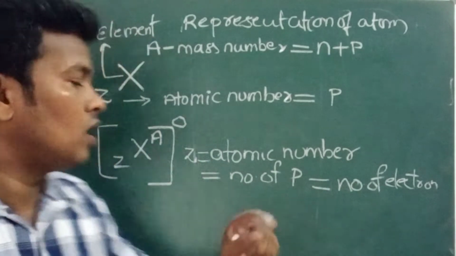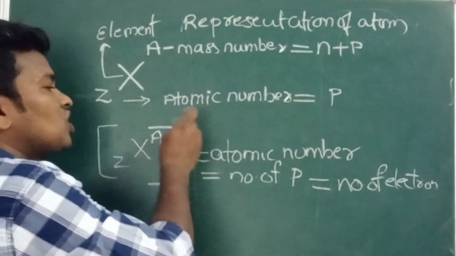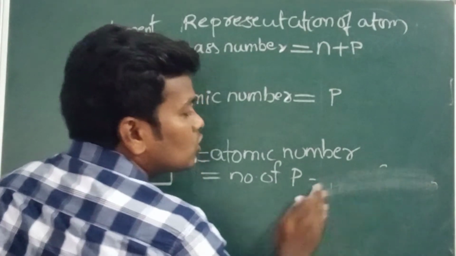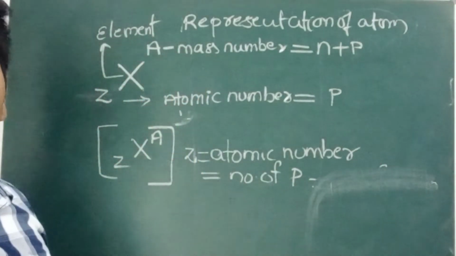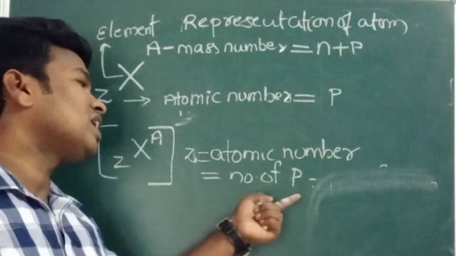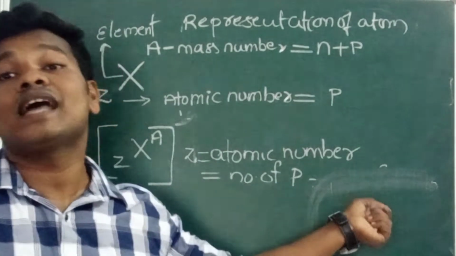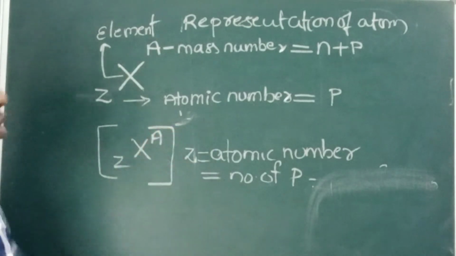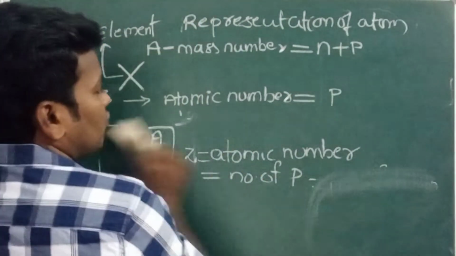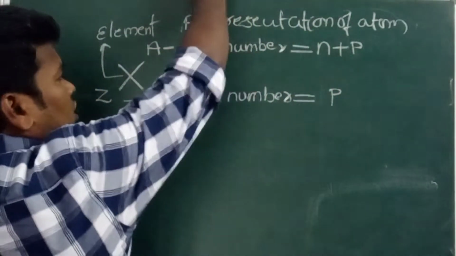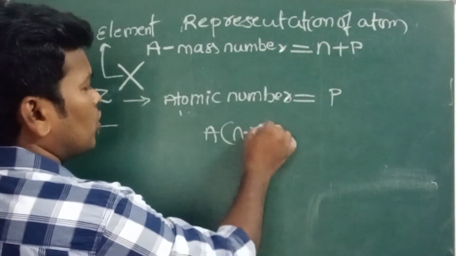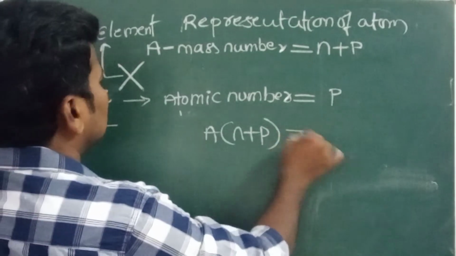If the atom has some charge, like minus or plus, whatever it may be, then we should not use the number of electrons. The number of protons equals the number of electrons only when the atom has a neutral charge. Here the mass number A is equal to the number of protons plus neutrons.